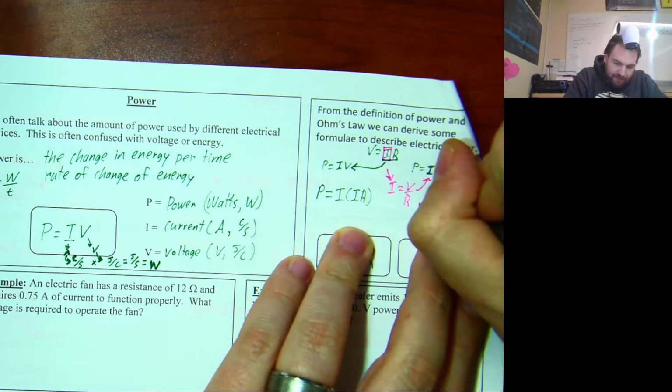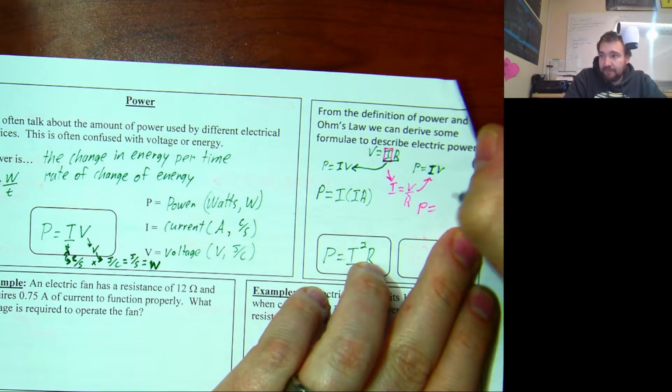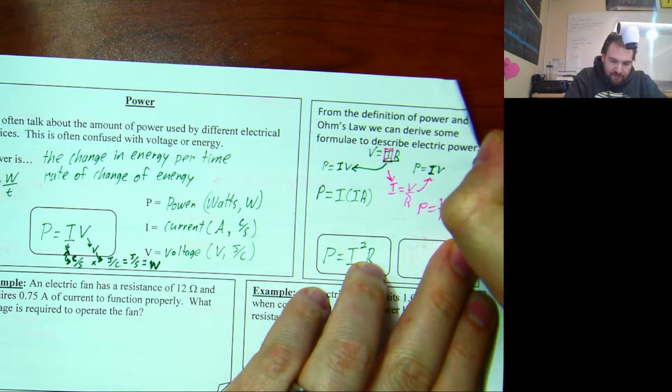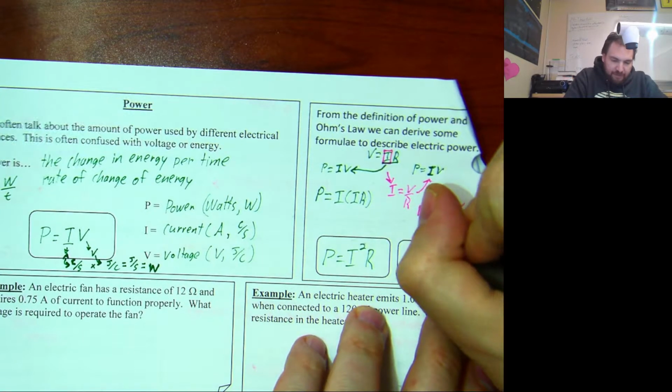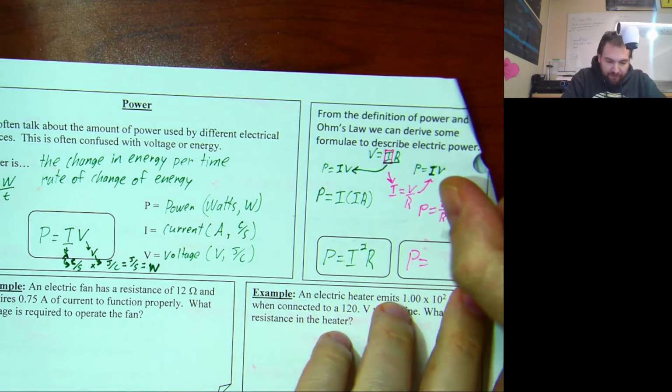I'm going to get P equals V over R times V, which is going to give me P equals V squared over R.